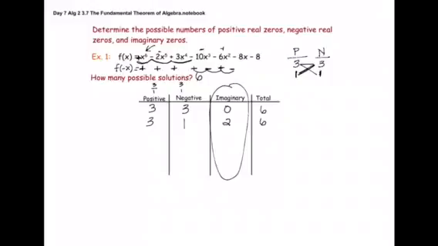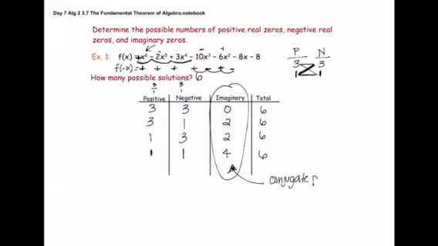We could have a possibility of 1 positive and 3 negatives, which again, 1 plus 3 is 4, plus 2 more gives us our total of 6. Or we could have a possibility of 1 positive, 1 negative, which we would need to add 4 imaginary to equal 6.